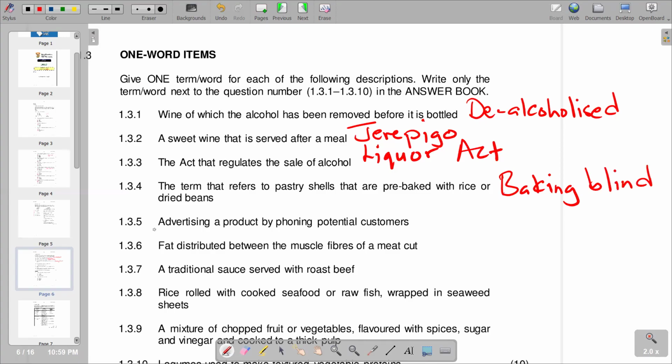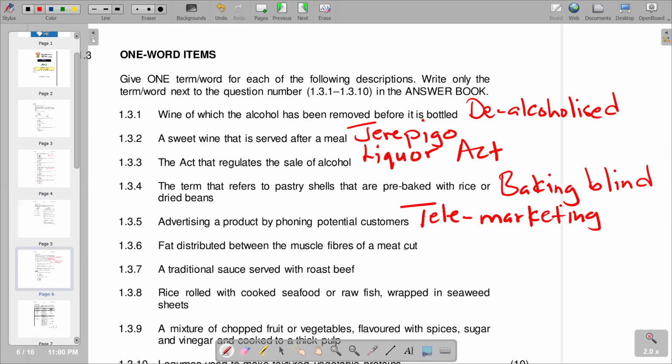Moving on to number 5, advertising a product by phoning potential customers. Of course, this is through the telephone. So we are saying telemarketing. Then we go to number 6, fat distributed between the muscle fibers of a meat cut.